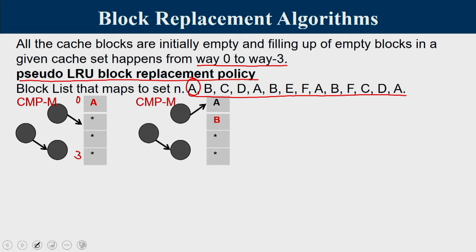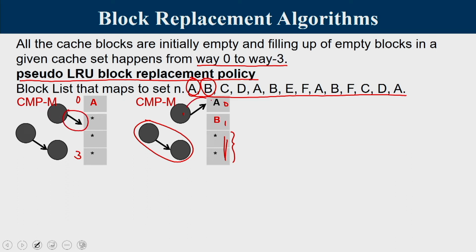Now, let us say I have the second request, that is B. Since the cache set is empty, I am going to fill up way number 1; this is way number 0. When I go there from the root, this side is still the least recently used. That means the arrow points to the least recently used portion of the set. So, these 2 lines are the least recently used. When I come to this, initially the arrow was down.